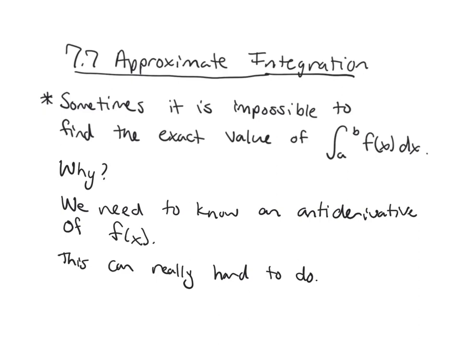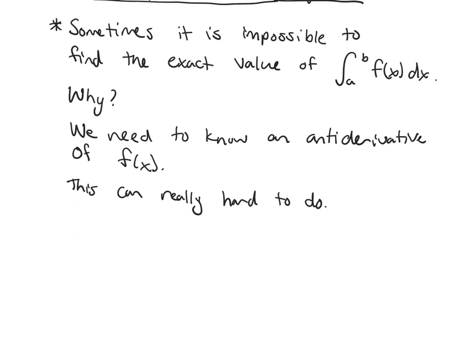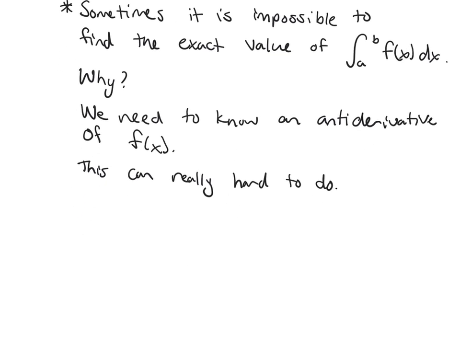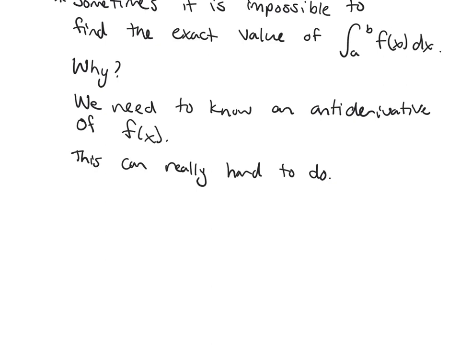So I wanted to give you some examples of definite integrals that are impossible really for us to explicitly find the actual value. So the first one is the integral from 0 to 1 of e to the x cubed dx.